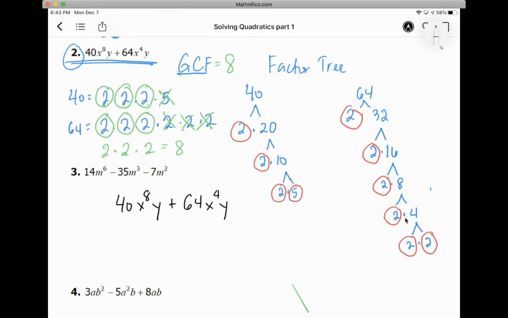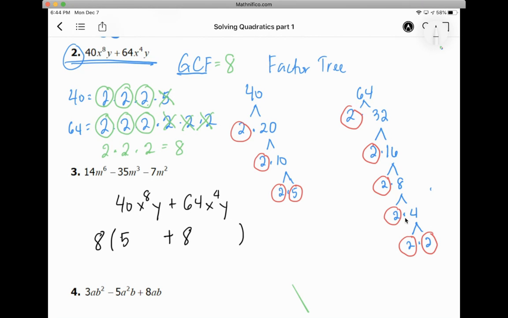Both 64 and 40 are divisible by 8. So let's break down 8 and put that outside of the parentheses. Of course, 40 is divisible by 8, and that gives me 5. And of course, that's a plus. 64 is divisible by 8, and that gives me 8.